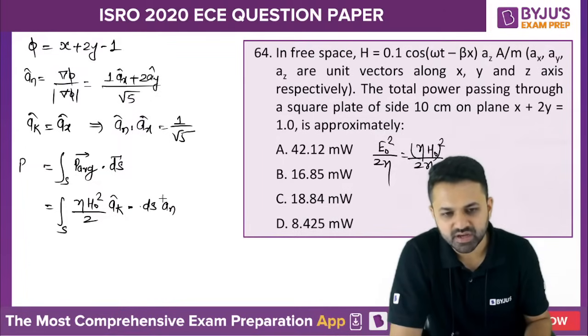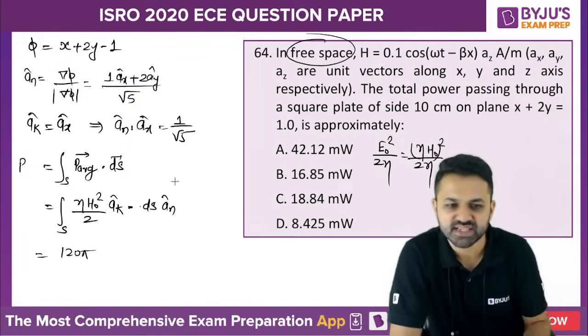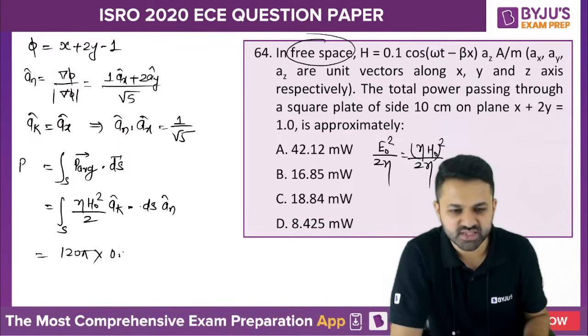So when we calculate it, eta is nothing but 120 pi because it is given as free space, and H naught square is 0.1 whole square divided by 2.